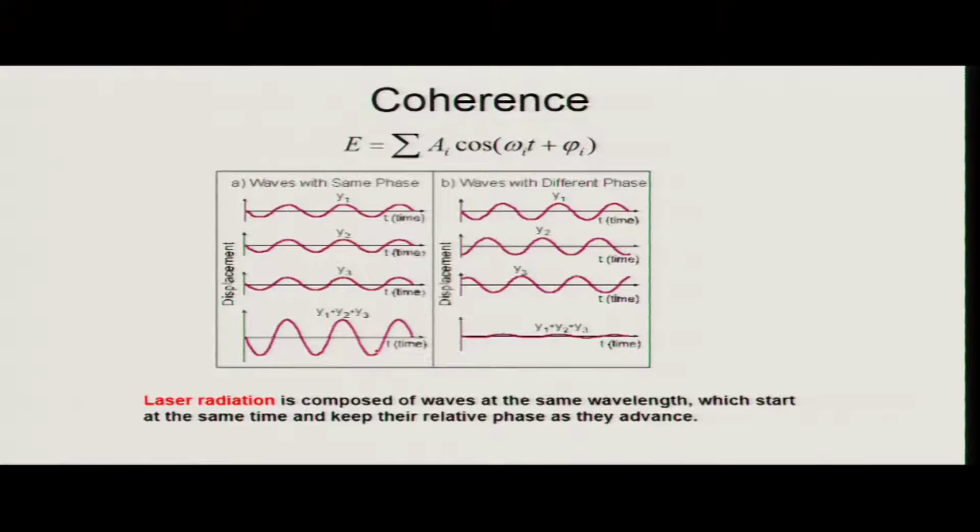As a result, the phase remains steady over distance. However, if you have waves with different phases, they interfere and eventually die out in terms of amplitude. So, the laser radiation is composed of waves of the same wavelength which start at the same time and keep their relative phase as they advance, giving it its uniqueness in terms of retaining its photon flux as well as its properties over a very long distance.